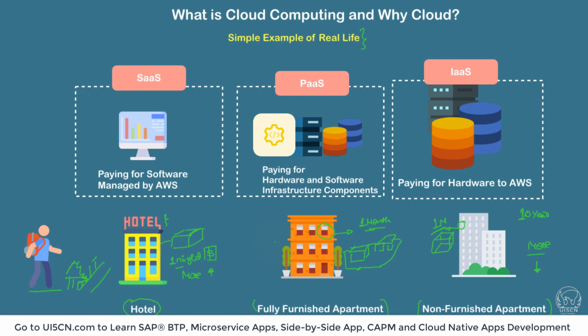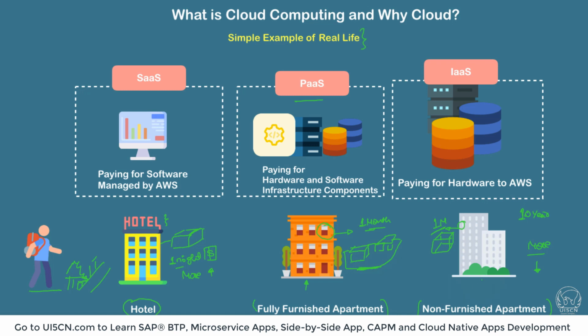So I hope you got the point of what we are talking about when we talk about platform as a service. We are not only getting the infrastructure, which is the hotel, but we are also getting basic amenities with it, which are essential if you want to survive or live in that particular infrastructure.